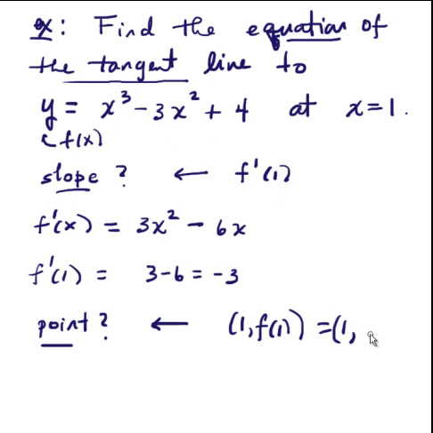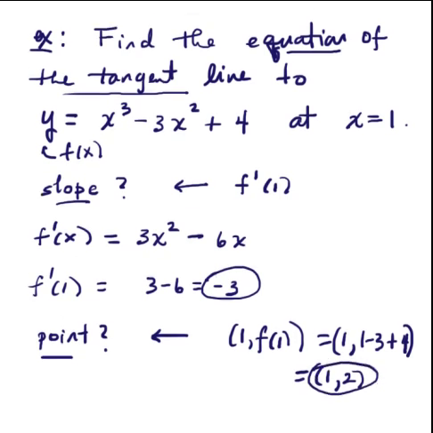We have 1 minus 3 plus 4. So that's 1, comma, 2. 1 minus 3 plus 4, that's 2. So that's our point. Okay. So for our slope, we have minus 3. And for our point, we have 1, comma, 2.